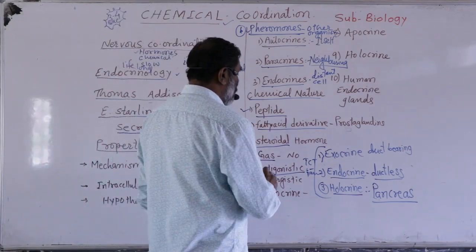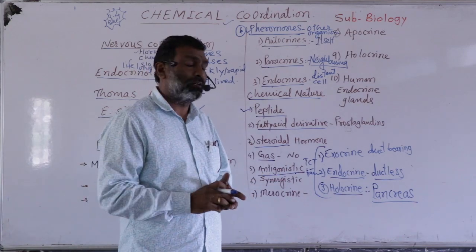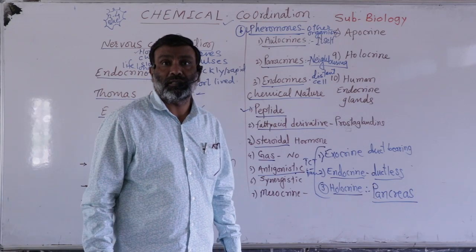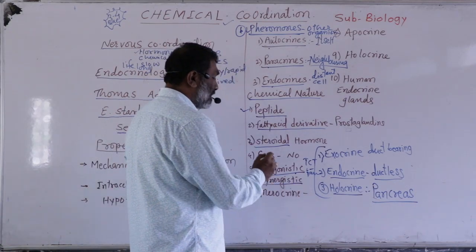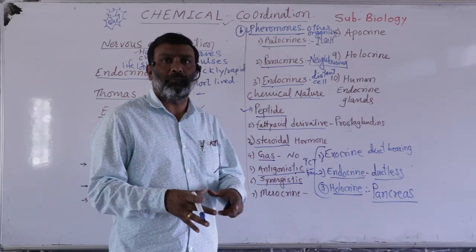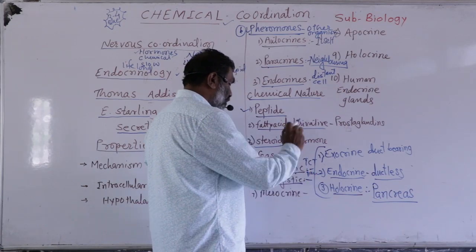So such hormones are opposite in their action, and therefore they are called antagonistic. Whereas some are synergistic in action. It means they collectively act upon the same organ.